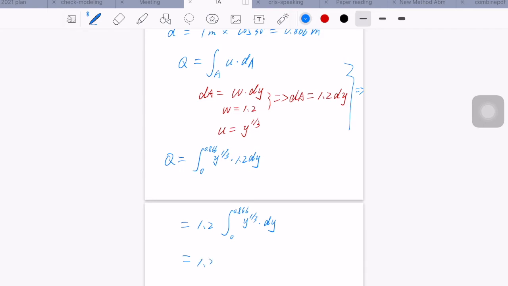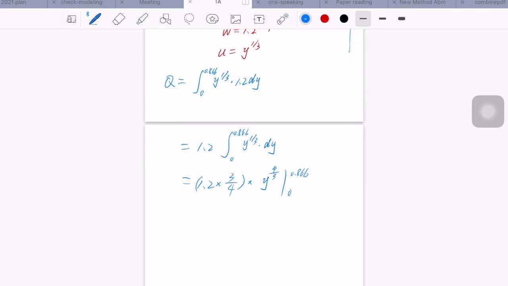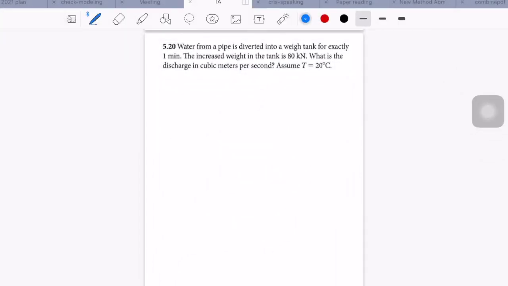So equals 1.2 times 3/4 times y to the power of 4/3 from 0 to 0.866. So we can determine that Q should be equal to 0.743 cubic meters per second. We finished this problem.